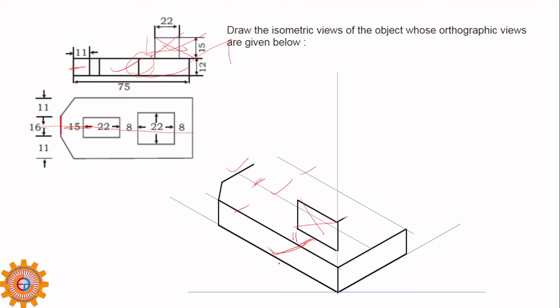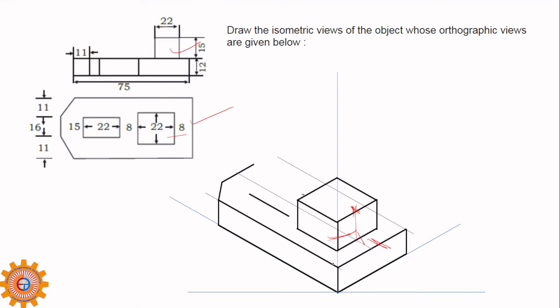Next I will complete the total part, that is 22, 22, then 15. The upper box is completed. Okay, so if you clearly observe, this is this line, and this line is this. Over that, the height is this line. So this is the height that is shown here, 15. Okay, now you can understand what is what.